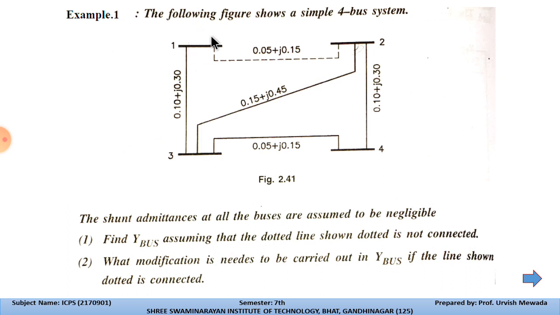Suppose we need to find Y11. Here only one link is connected, that means Y11 is equal to Y13, which is the same 1.0 minus j3.0. And suppose we need to find the diagonal element Y22. From this diagram, bus number 2 is connected with bus number 3 and 4 through links Y23 and Y24. So Y22 will be Y23 plus Y24.